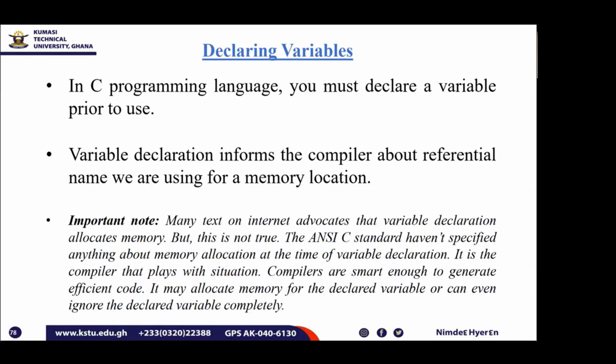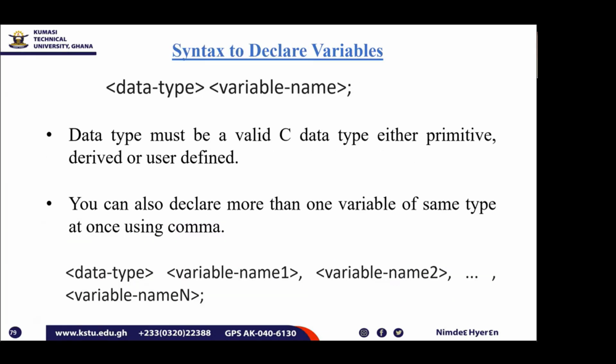The compiler is smart enough to generate efficient code, and so it may allocate memory for the declared variable or even ignore the declared variable completely. So variable declaration is not equal to memory allocation. Kindly note that.